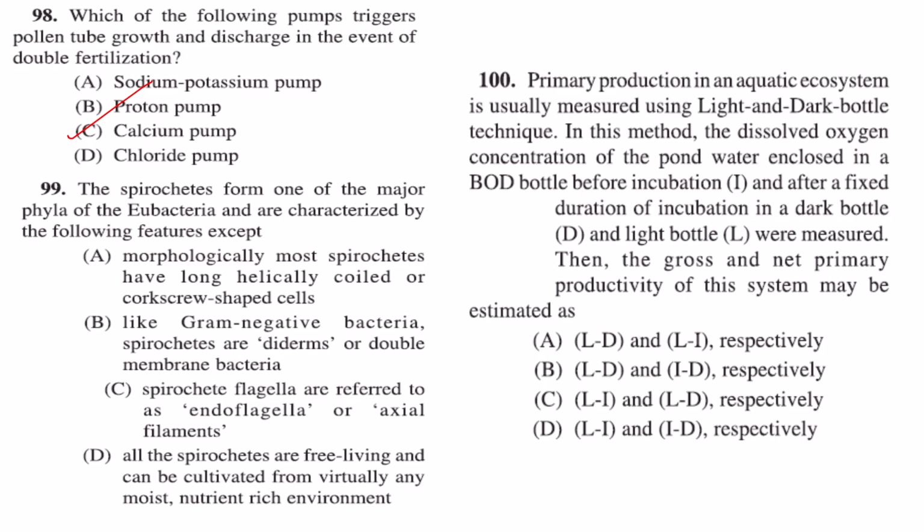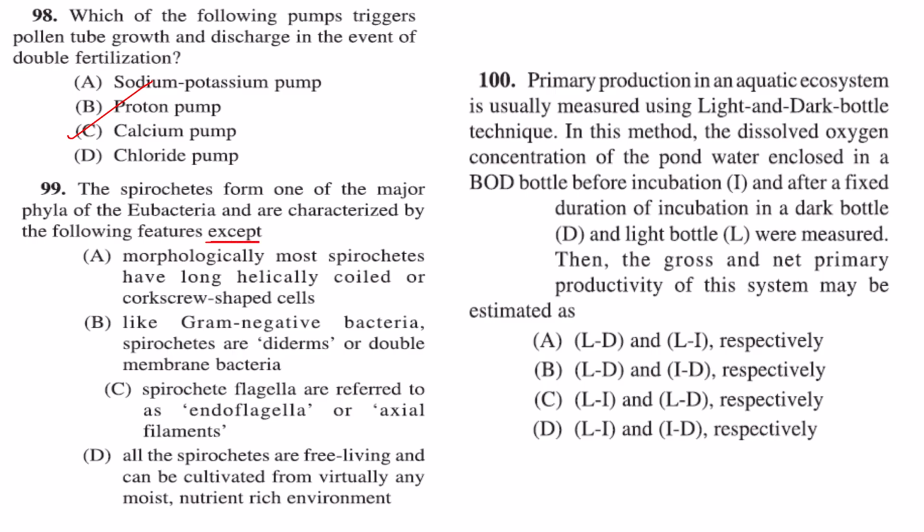The spirochetes form one of the major phyla of the eubacteria and are characterized by the following features except. Morphologically, most spirochetes have long helical coiled or screw shaped cells. So that is correct. Like gram-negative bacteria, spirochetes are diderms or double membrane bacteria. Yes. Spirochete flagella are referred to as endoflagella or axial filament. Yes. So that's correct.